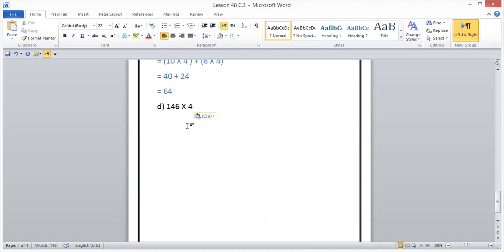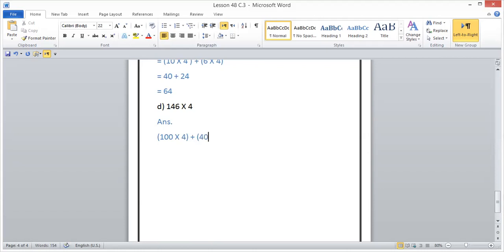D is 146 multiplied by 4. So in 146, guys, I am going to write the value of 1 first. The value of 1 is 100, and I will multiply 100 by 4, plus what is the value of 4?